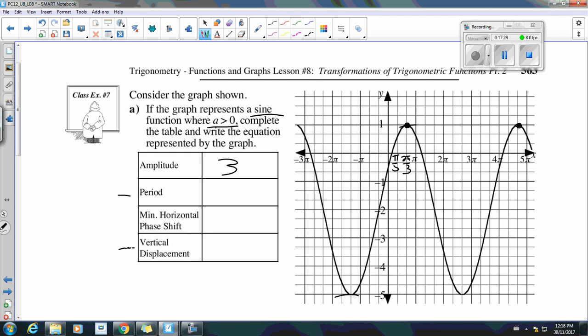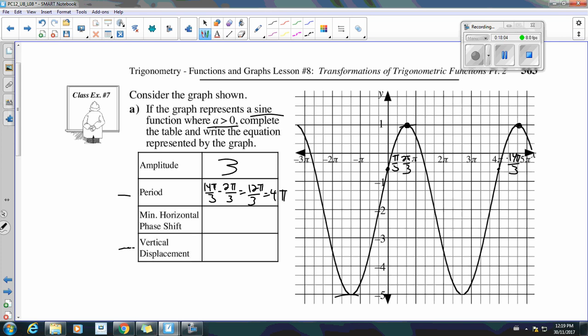This would be 4 pi/3, 13 pi/3, 14 pi/3. So the difference between those two is 12 pi/3, right? So subtract them. 14 pi/3 minus 2 pi/3 is 12 pi/3, which simplifies to 4 pi. You could also have picked points like this and see it's also 4 pi. Doesn't matter which one.